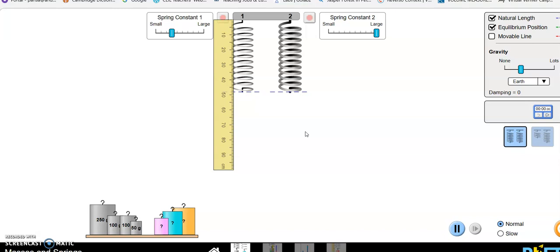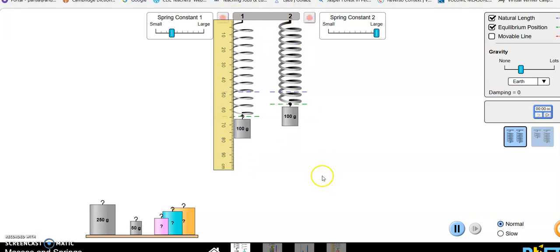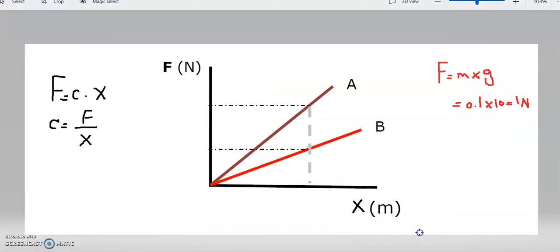So let's have a look at one example here. These two springs have the same natural length. The natural length here is 48 centimeters. I'm going to apply the same amount of force on both of them. So look at the force, 100 grams here, 100 grams there, and force is mass times g.